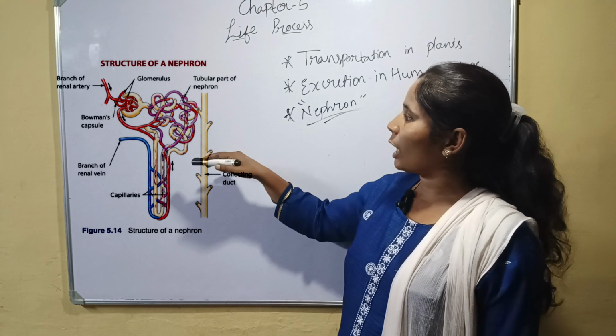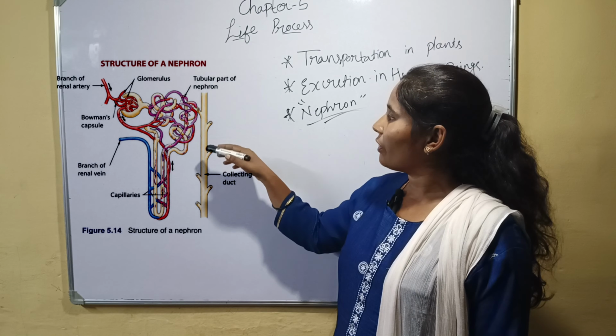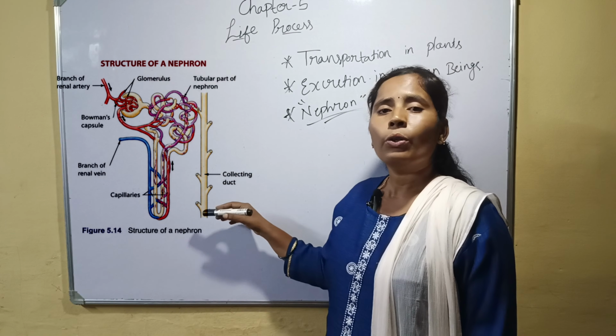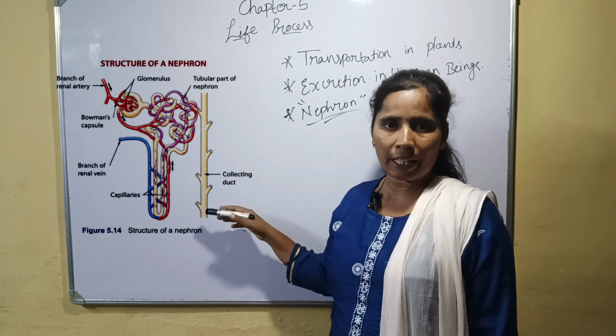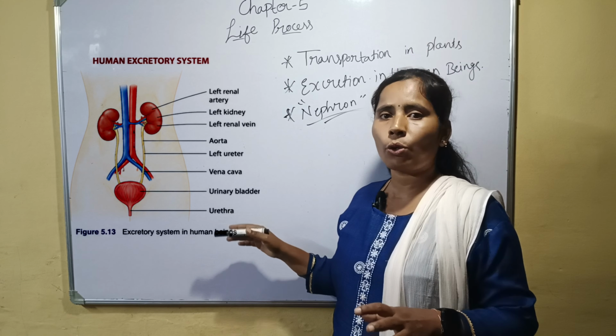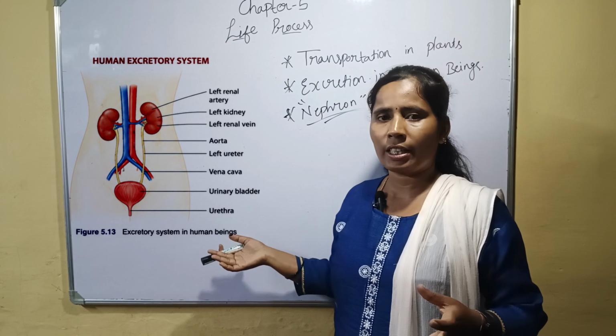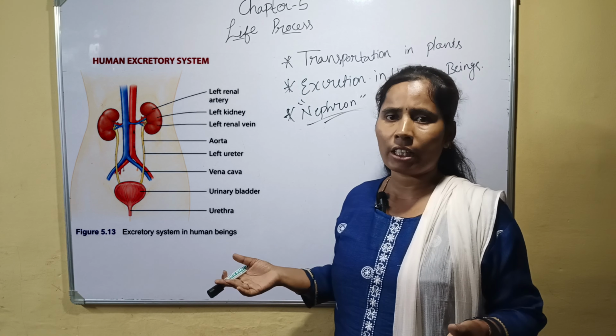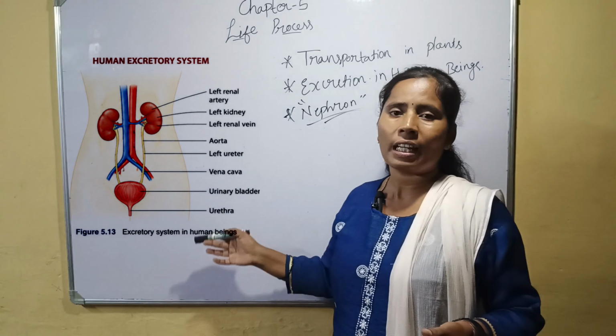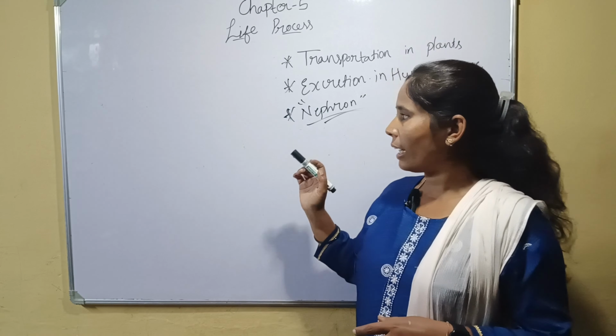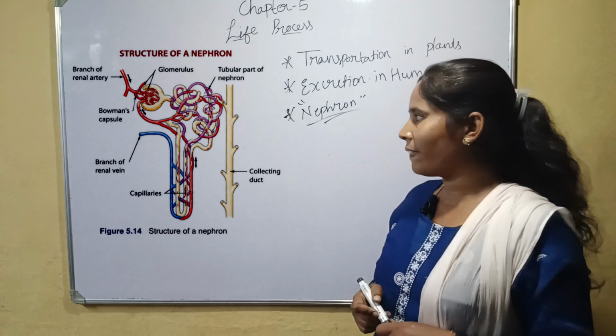After the reabsorption, through the collecting duct, the filtrate will move towards the urinary bladder. The urine will be stored in the urinary bladder. When the nervous system gives the message, the urine will be passed through the urethra. From the exam point of view, this nephron is very important.